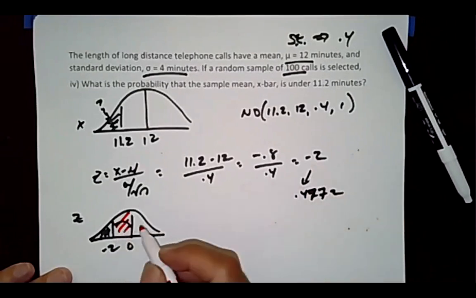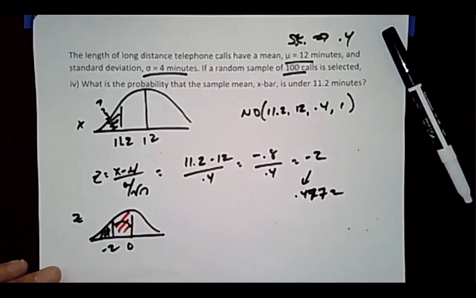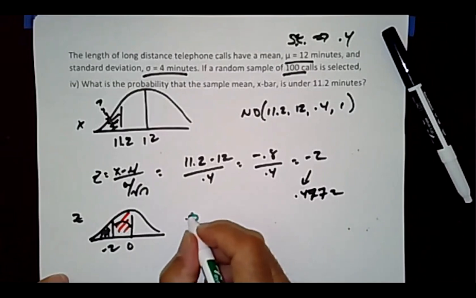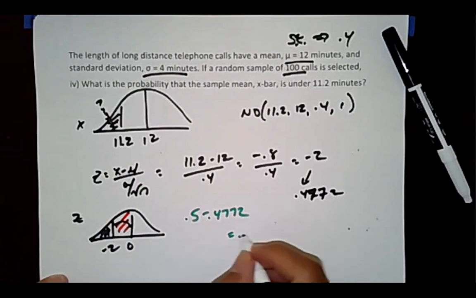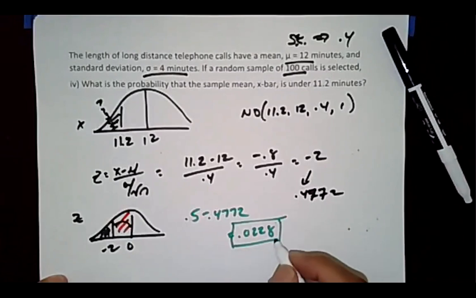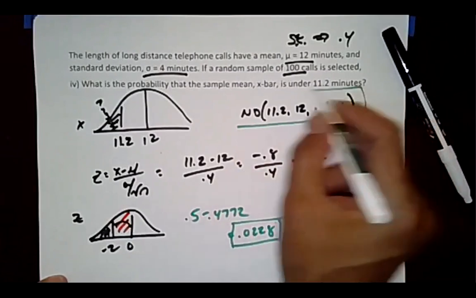It's this area. Is that what we want? No. So we've got to do 0.5 minus 0.4772, which equals 0.0228. That is your answer. And this is your Excel answer.